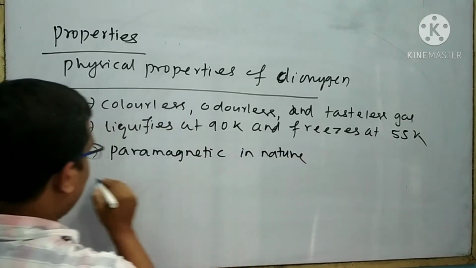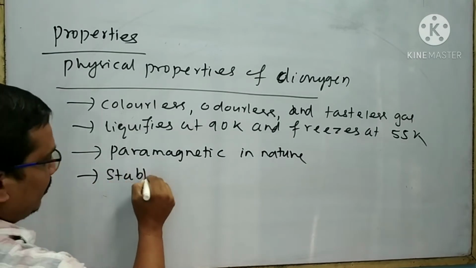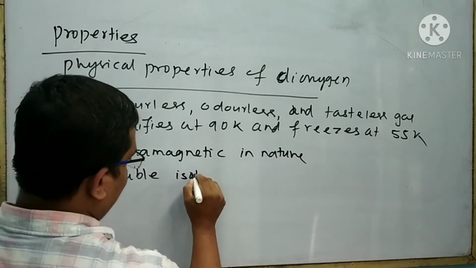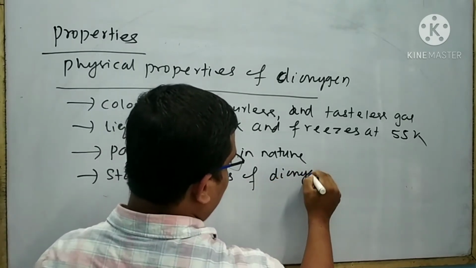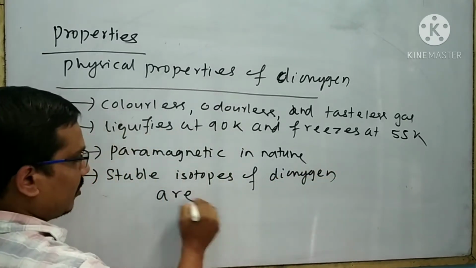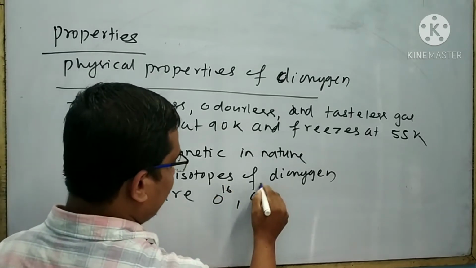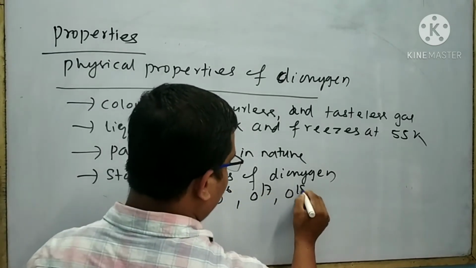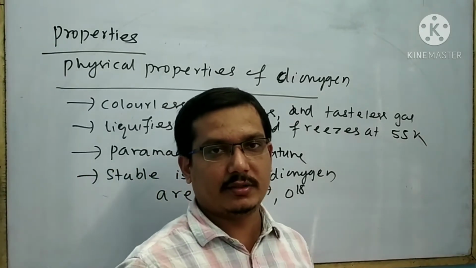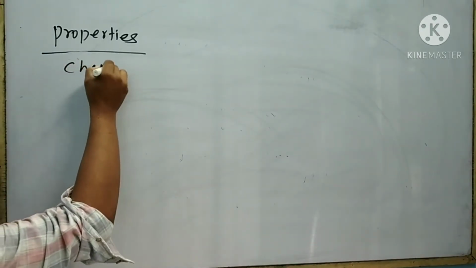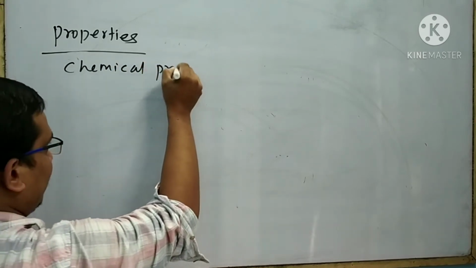The stable isotopes of dioxygen are O16, O17, O18. These are the physical properties of dioxygen. Next is the chemical properties.